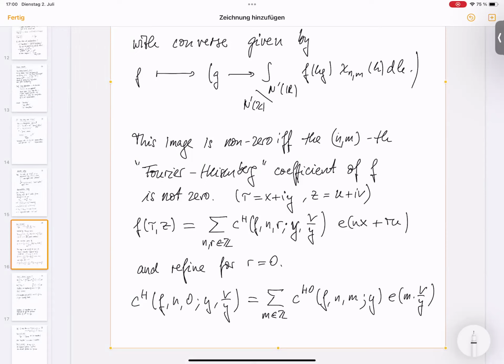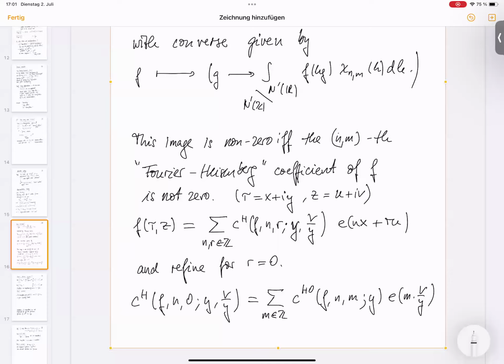Yes, Fourier decomposition should be made for abelian groups. No, a Heisenberg group is not an abelian group. So Fourier-Heisenberg is a kind of strange terminology. What I really mean is that you decompose first with respect to an R2 in the Heisenberg group and refine a certain coefficient where you're constant in the u variable, r equal to 0.